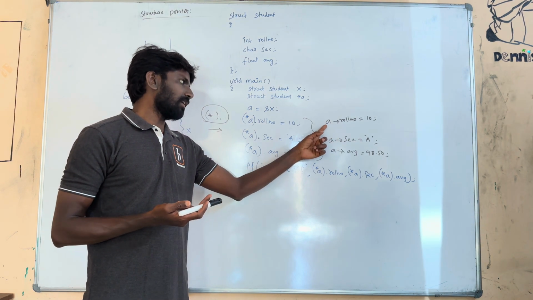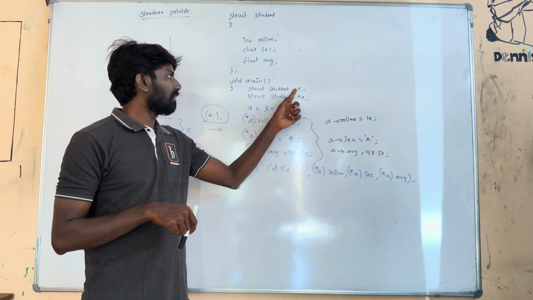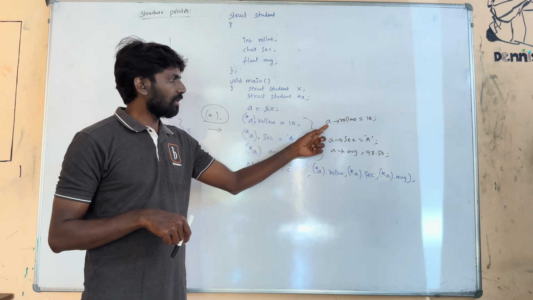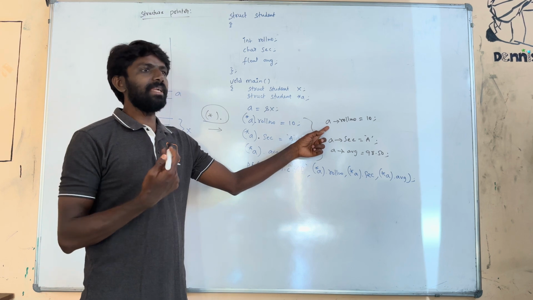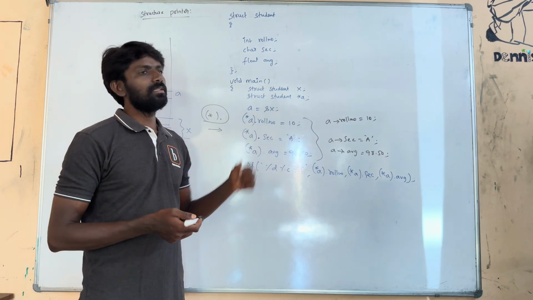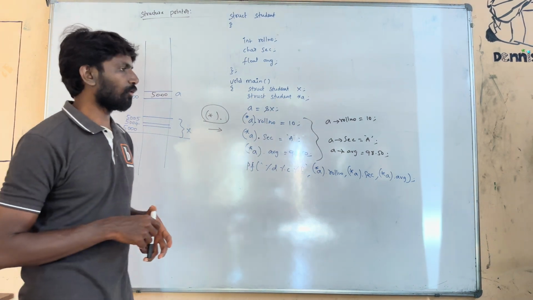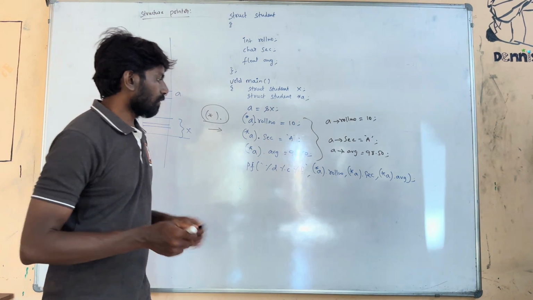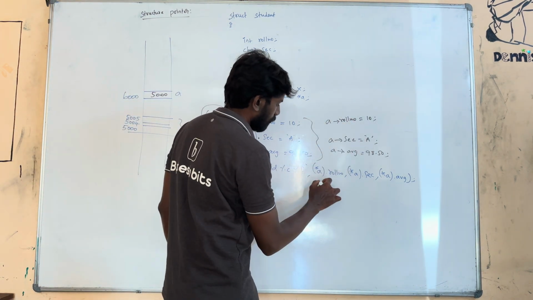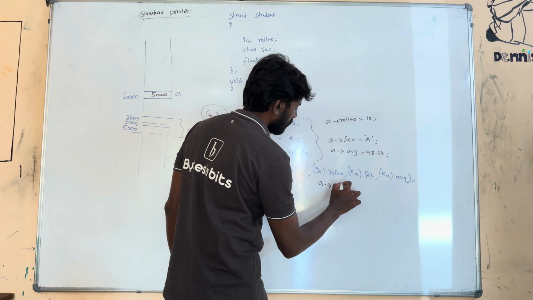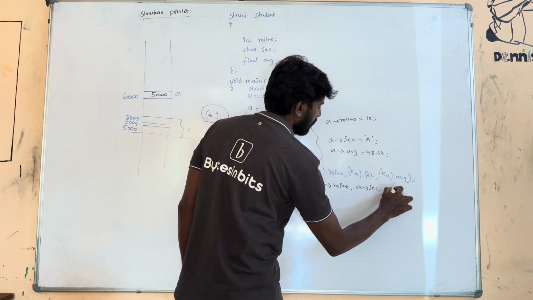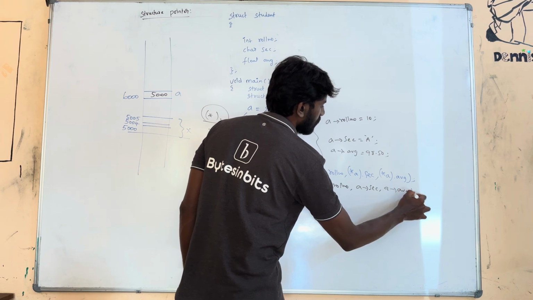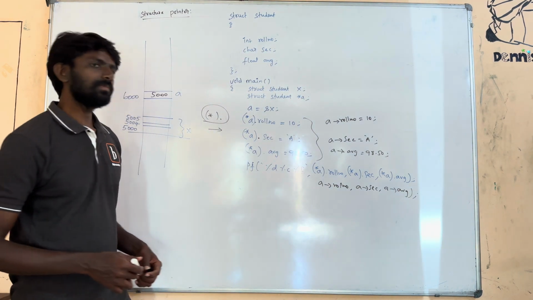If the left side is a structure variable like x, you use the dot operator. If the left side is a pointer variable, then you use the arrow operator. Likewise everywhere you can use the same thing: a arrow roll number, a arrow section, a arrow average. That's all. Clear?